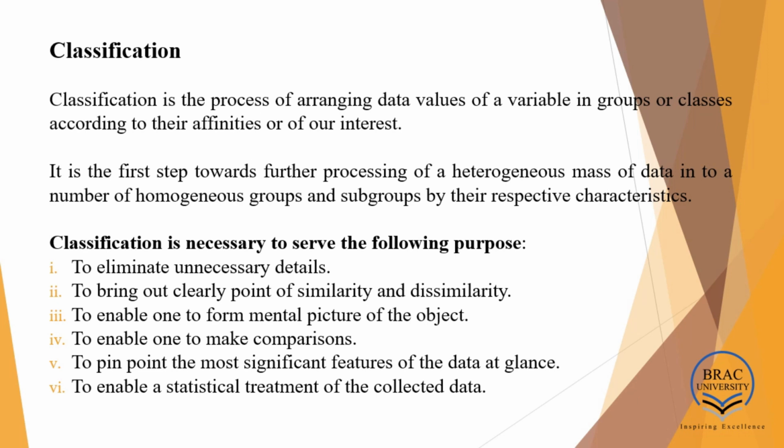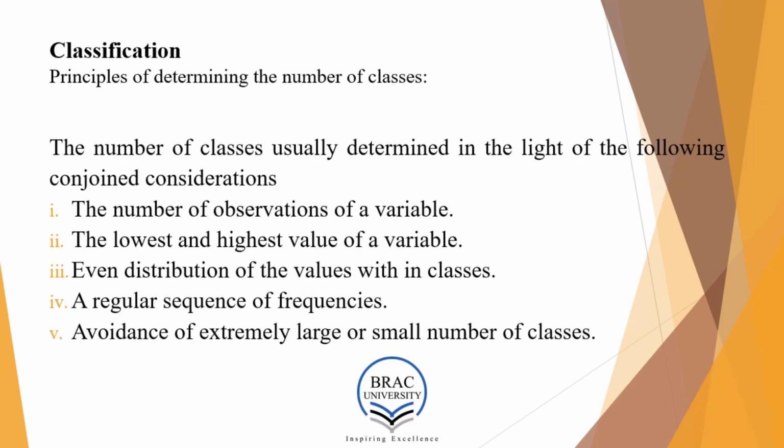Now, the principles that we have to focus on while determining the number of classes are usually based on the following joint considerations. Based on the number and type of variables we are dealing with.